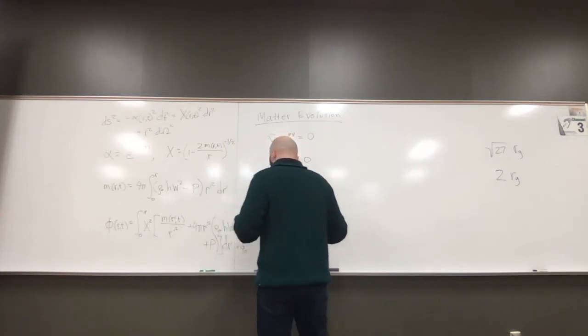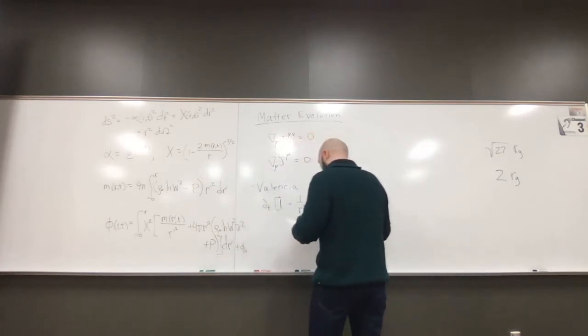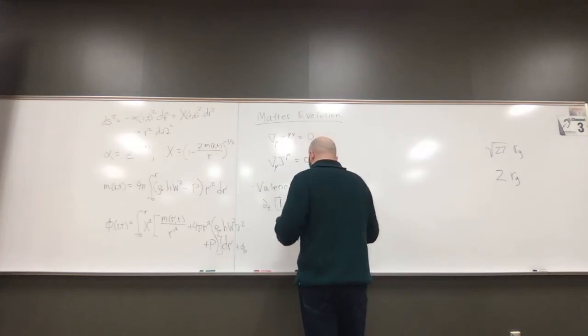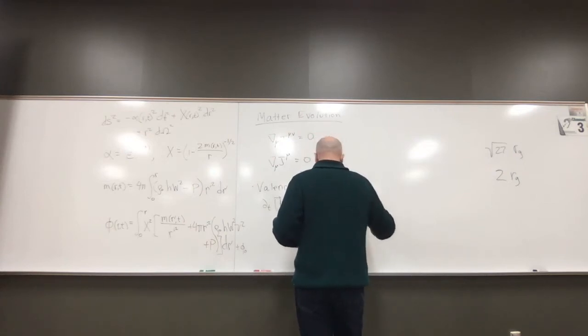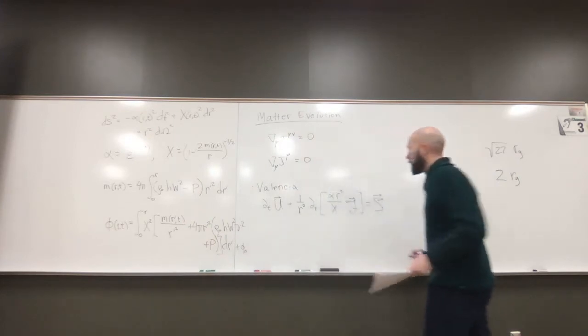And in spherical symmetry, I'm going to go ahead and add these geometric factors, and I'm going to reduce to spherical symmetry. So we have 1 over r squared, partial with respect to r of alpha, r squared over x times some flux vector is equal to some source vector.